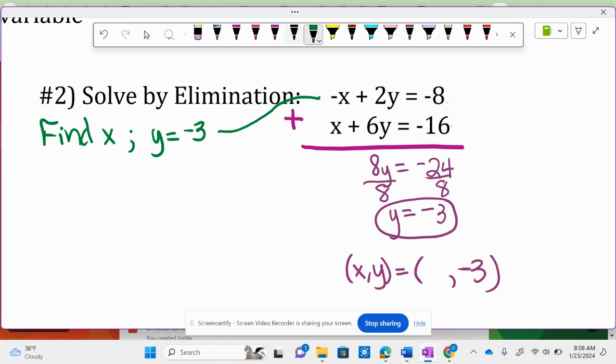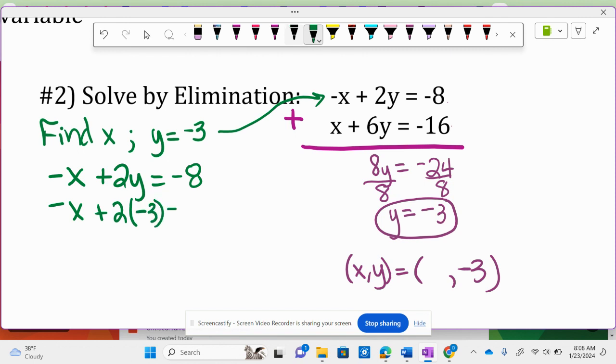The first, okay. So I'm going to use that equation. Negative X plus 2Y equals negative 8. I always write it out first, and now I'm going to substitute in negative 3 for Y. So that gives me negative X plus 2 times negative 3 equals negative 8.